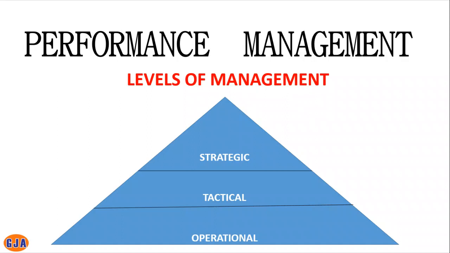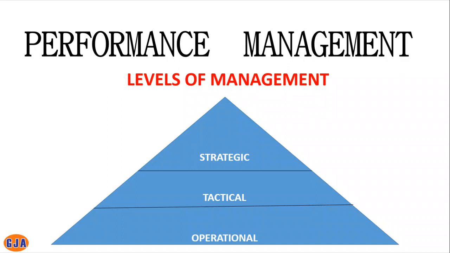Or we say operational, tactical, and strategic. The same way we look at levels of planning, it is the same when we are talking about levels of management. On the strategic level, we're talking about the board of directors, the founders of the organization.